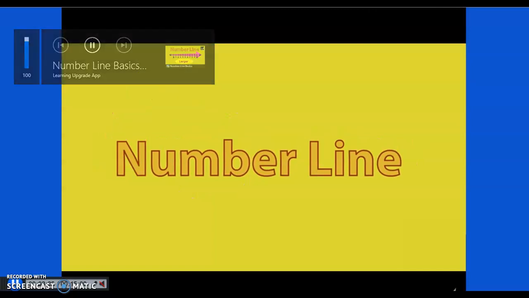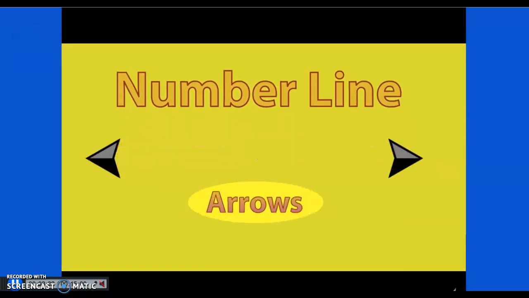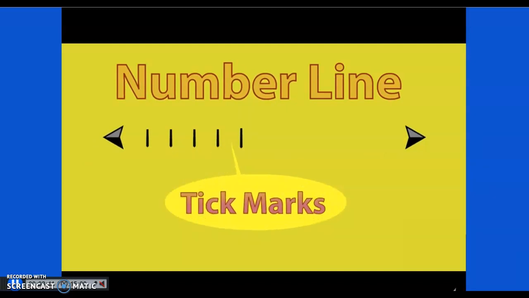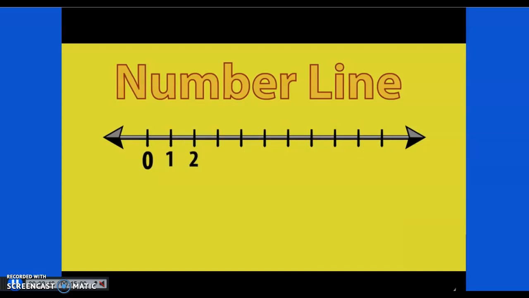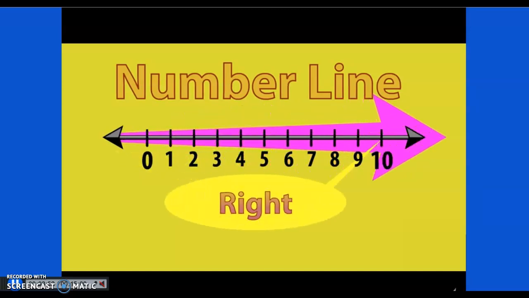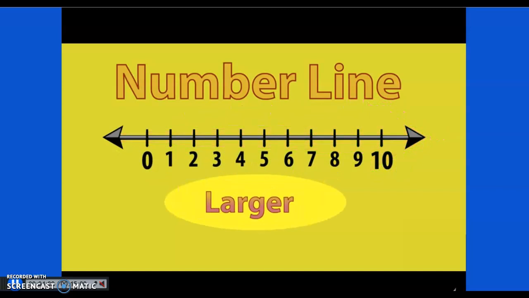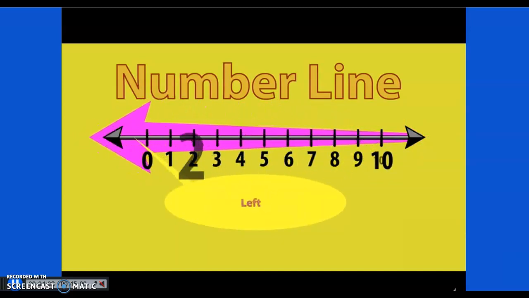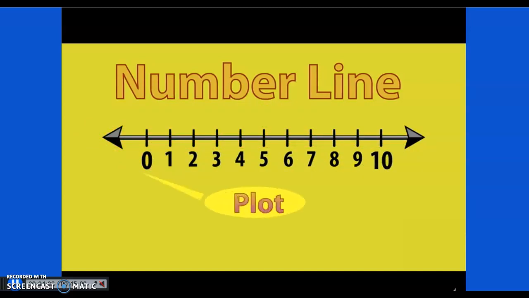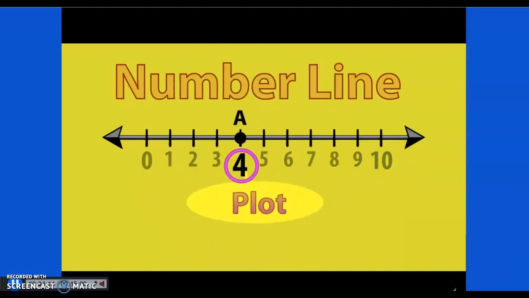A number line has arrows on both ends, and tick marks for each number value. 0, 1, 2, 3, 4, 5, 6, 7, 8, 9, and 10. As we move to the right, the numbers get larger. As we move to the left, the numbers get smaller. Let's plot the point 4 on the number line. Draw a dot at the tick mark with the number 4 below.